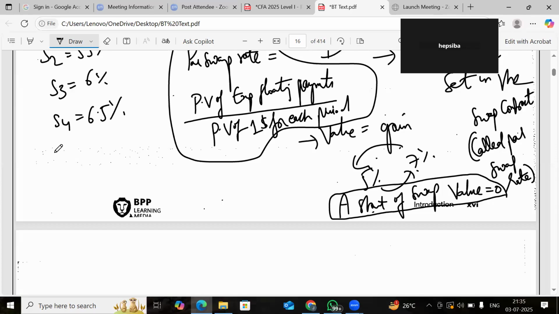Now, forward rates implied. That means we are going to take MRR.